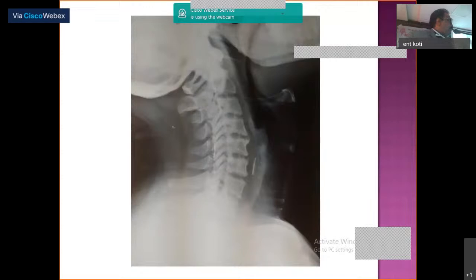Where is the radiopaque shadow? Opposite the 1, 2, 3, 4, 5, 6 vertebrae of the spine, right? What could it be? It may be a bone, it may be a needle, it may be a wire, it may be anything. So how do you know whether it is an abscess with a foreign body? You will find a haze shadow around it.